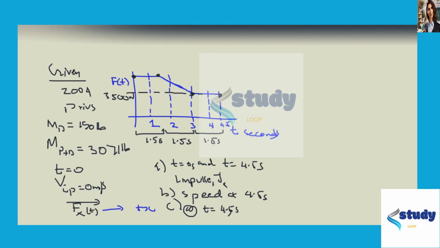The force at the top right here is 8,000 newtons. And this force is 3,500 newtons. The force at this level is 7,500 newtons. So those are the forces we have.